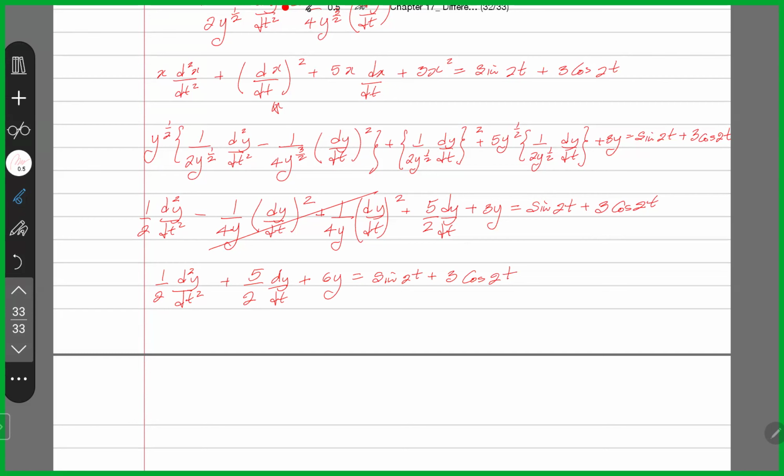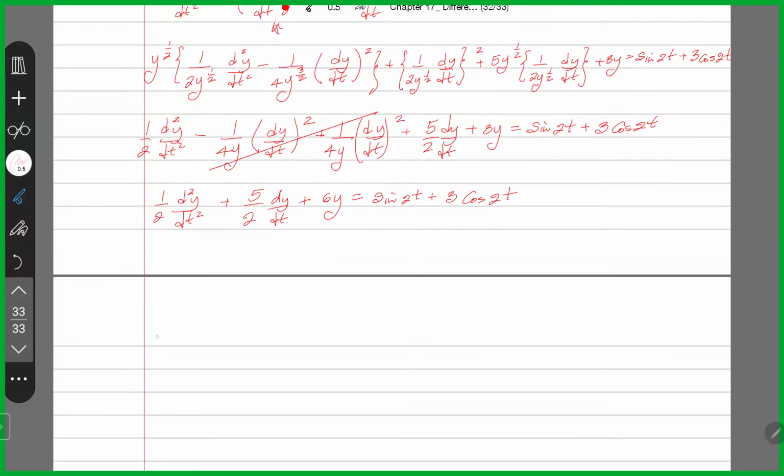Multiplying the entire equation by 2, we get d2y by dt squared plus 5 dy by dt plus 6y is equal to, right, it wasn't 6 here.